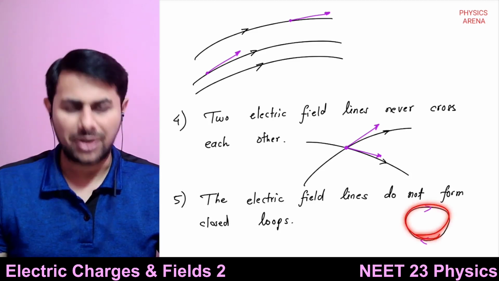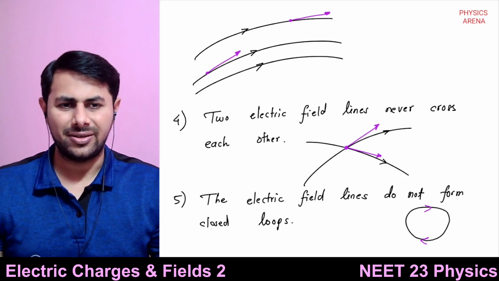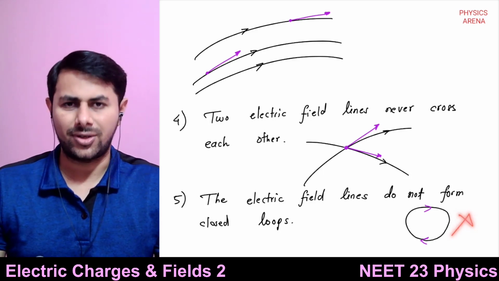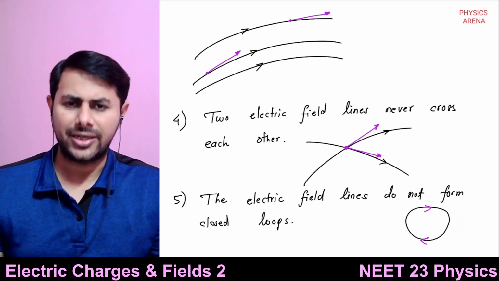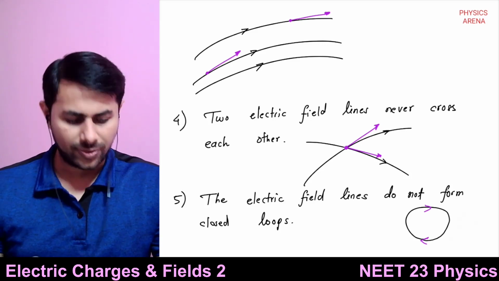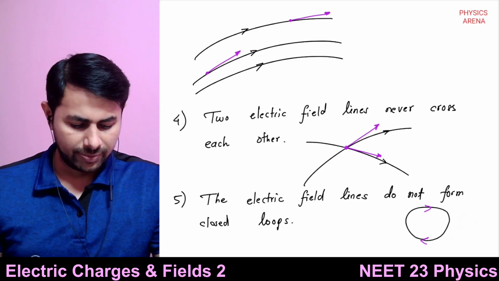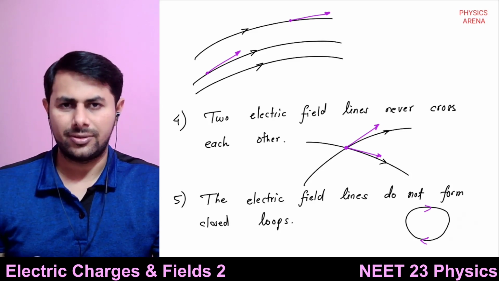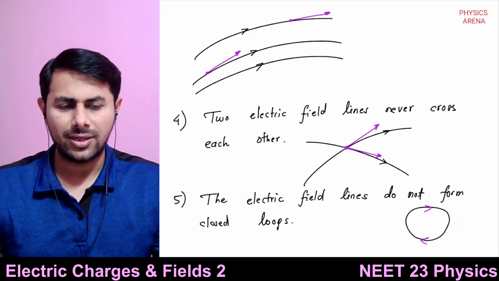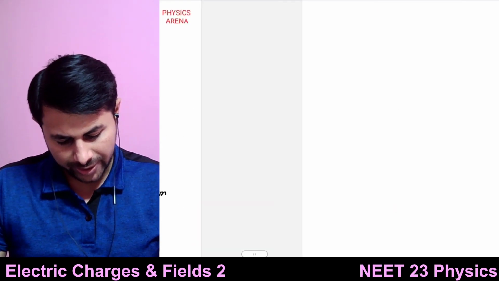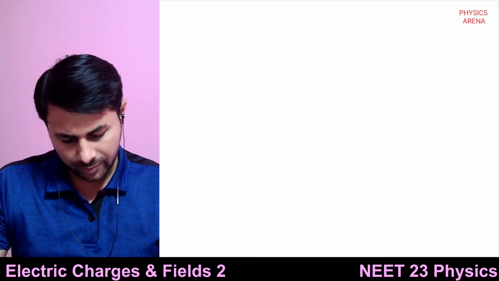Here you cannot guess what the origin is and what the end is, so this is also not allowed. These are key properties of electric field lines. There are others also, and sometimes there can be conceptual questions based upon this. Is it clear?